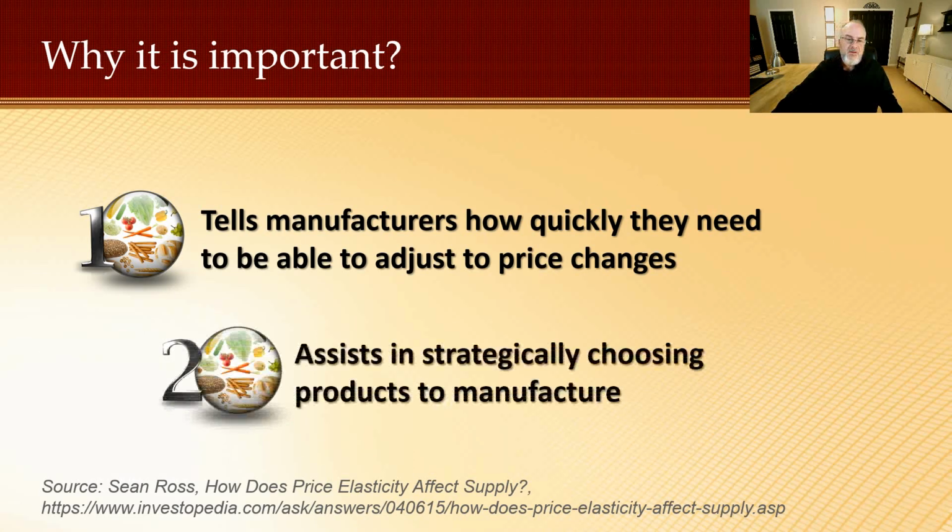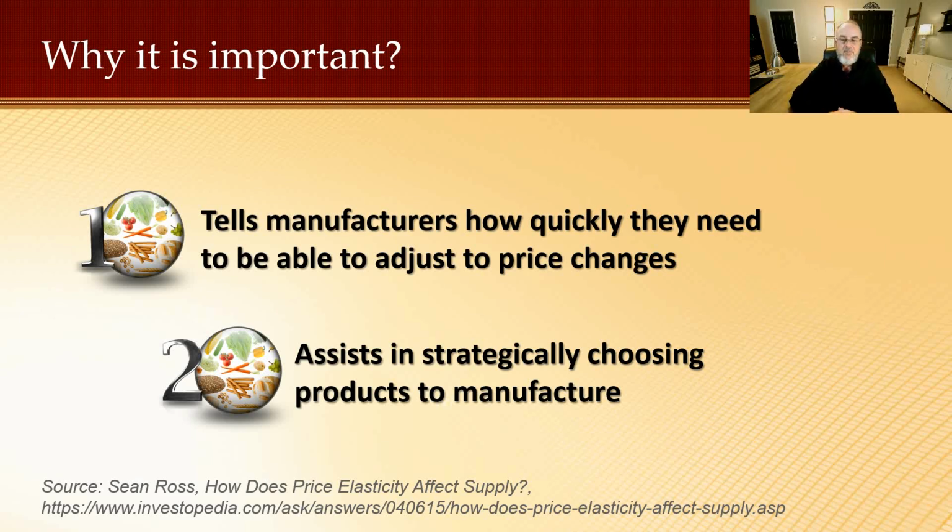And then it assists me in strategically choosing products to manufacture. If I know my product is very elastic, in other words, that little price changes are going to produce big swings in how much I sell and how much I need to make, I can identify other products to shift to when prices fall, allowing me to keep my business strong even when one product is off in terms of purchases.